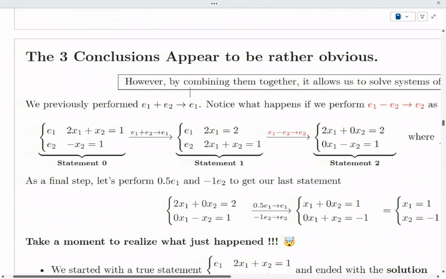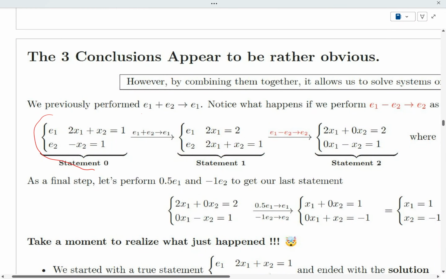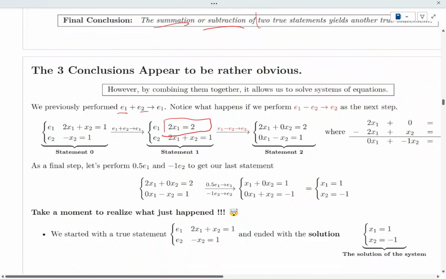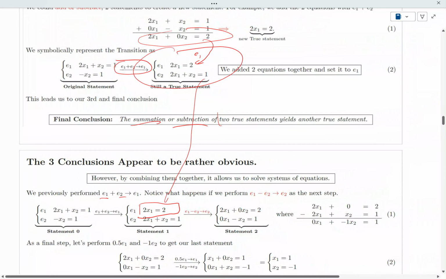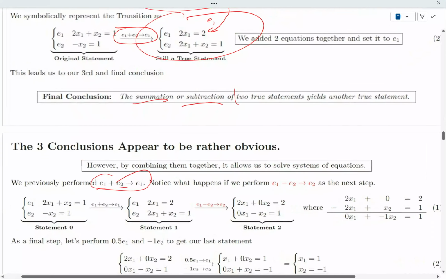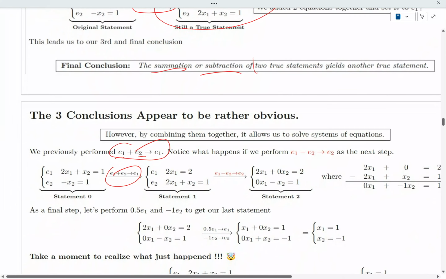So this is the original statement. Now, if we added E1 and E2 together, what do we have? Well, we got this statement, right? We did that previously. We add this, and this is the same. So that's from adding E1 and E2 together. So after this action, we went from this statement to this statement.